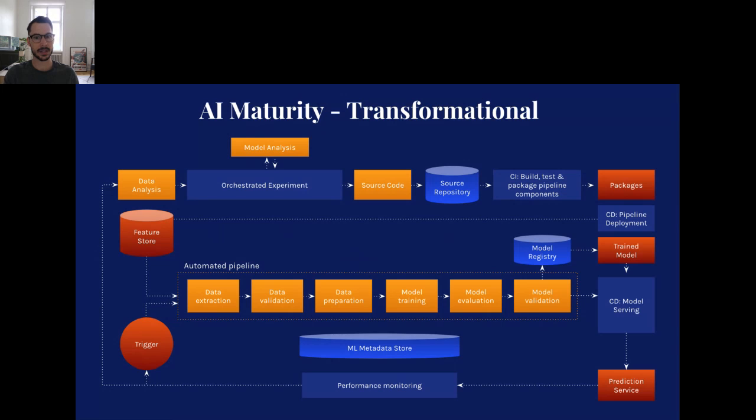Important here now is that the model is treated as source code, as code. So improvements and changes and tweaks to the model will all be versioned into code. And this can be saved in the source repository. So we add the element of versioning, which adds traceability to your outputs and machine learning use cases. This also allows a CI process to then build the whole machine learning pipeline and its individual components.